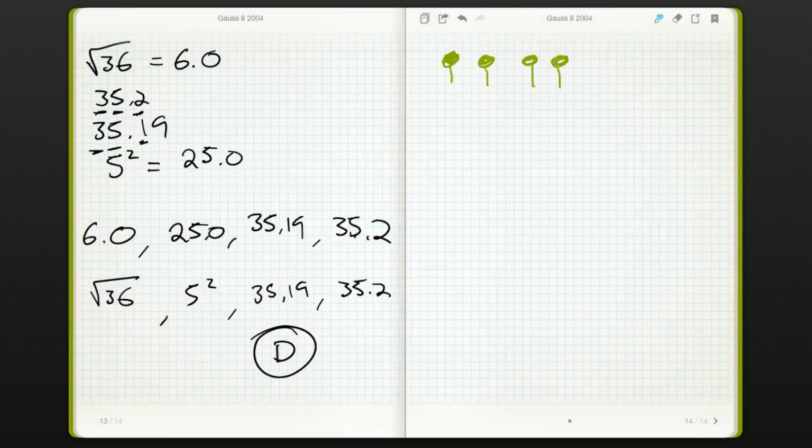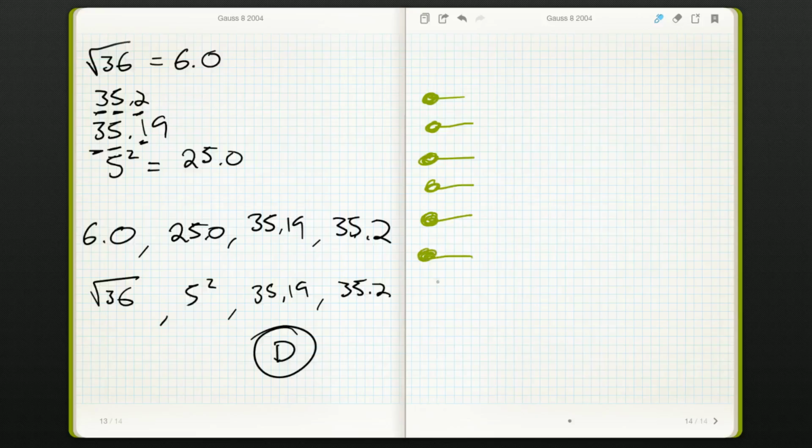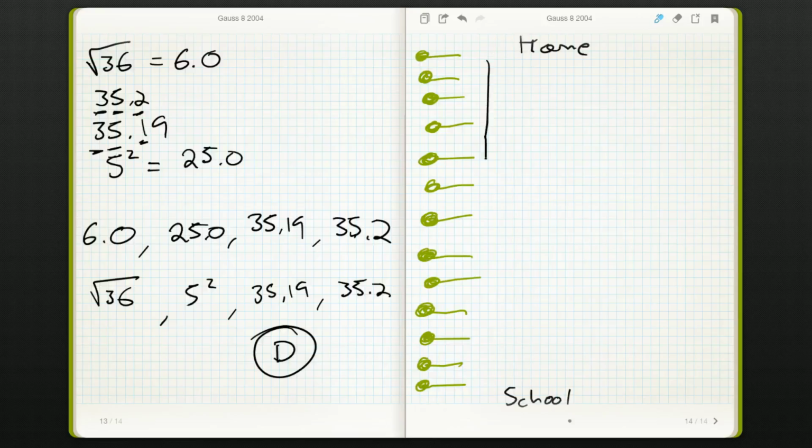I don't like how much room I'm having, so we're going to have the trees go this way. 1, 2, 3, 4, 5, 6, 7, 8, 9, 10, 11, 12, 13. We'll have home, we'll have school, and so she walks along them on a sort of sidewalk.